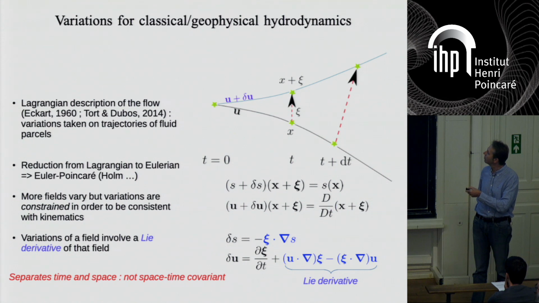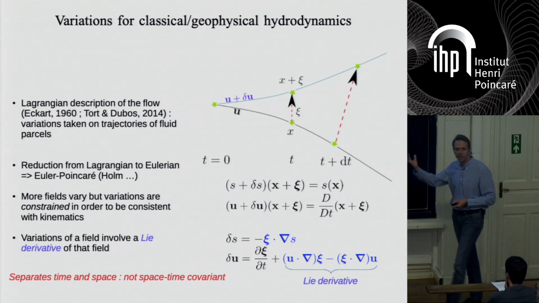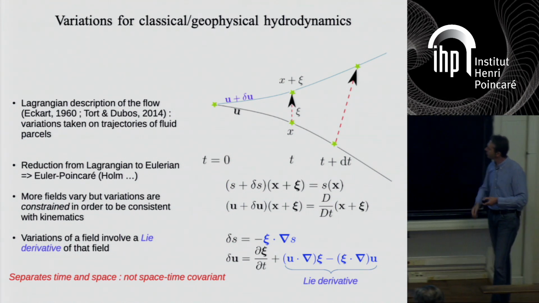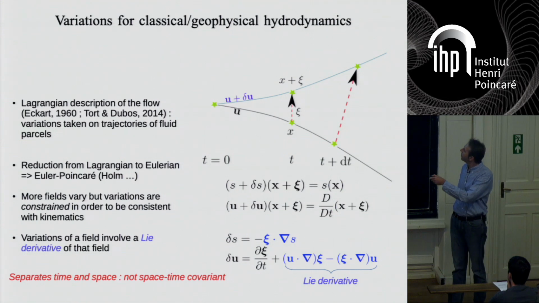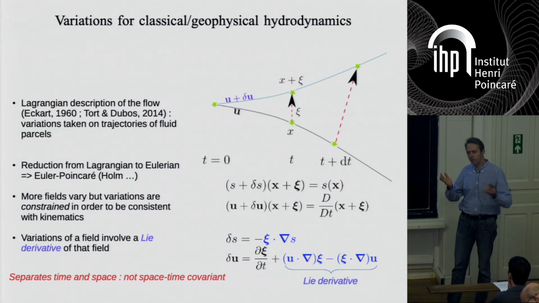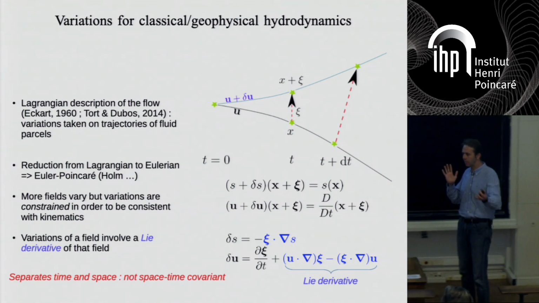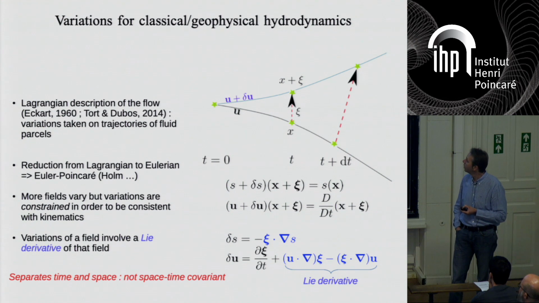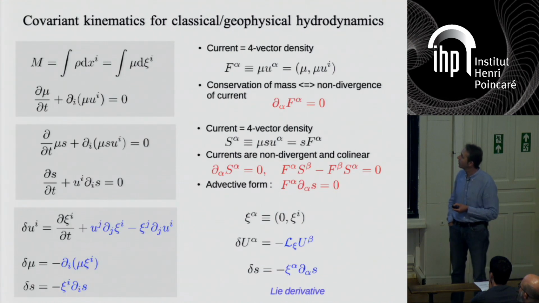And when you do the algebra, you end up with these formulas, which are in the form of Lie derivatives, right? I think this has been explained before. But as written here, it's not space-time covariant, so you cannot use that to identify the link between the relativistic and classical situations. So what you need is a covariant expression of the transport equations.